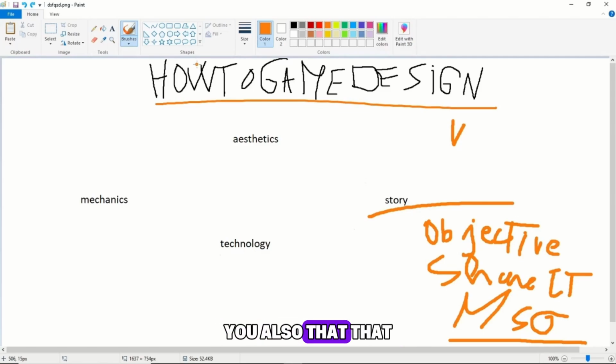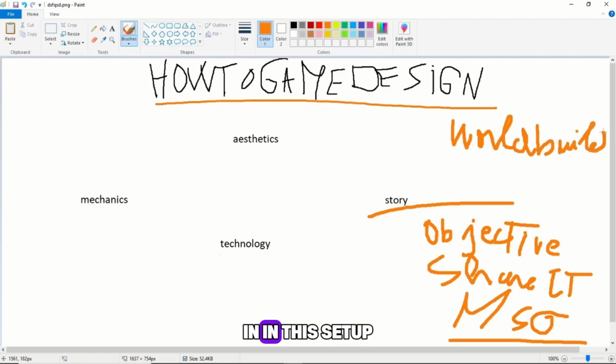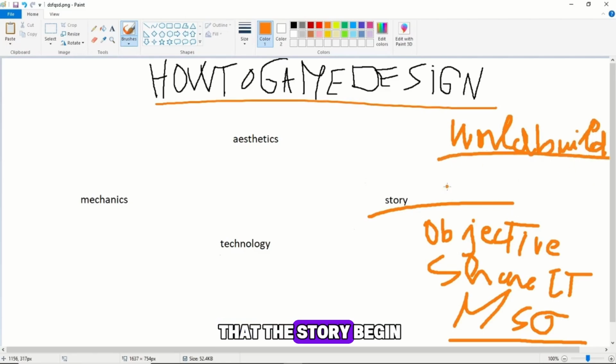You also have to mention the most important thing, which is the trigger. What does the trigger mean? What happened that the story began? Okay, it's so simple. What's something that triggered, in that world, in this setup, that the story began?